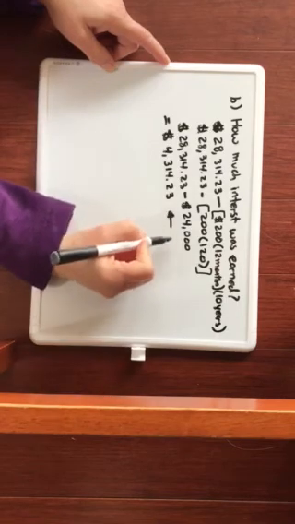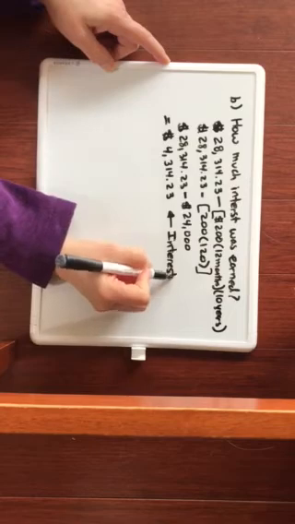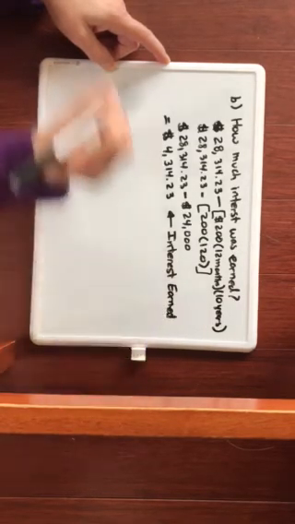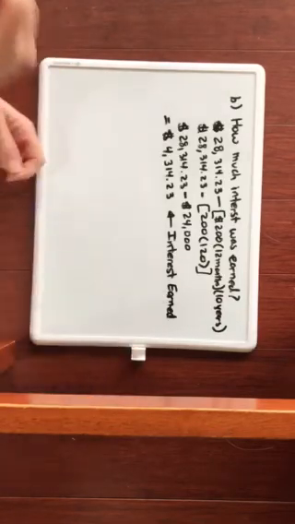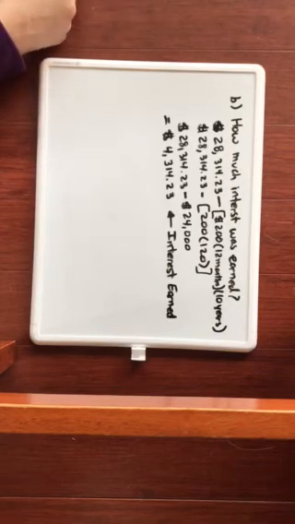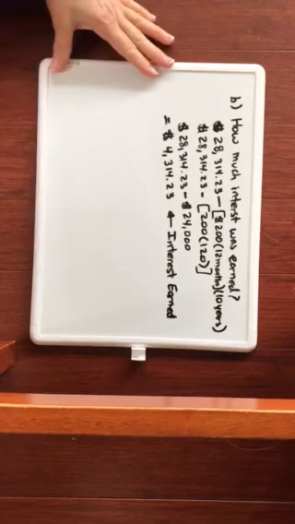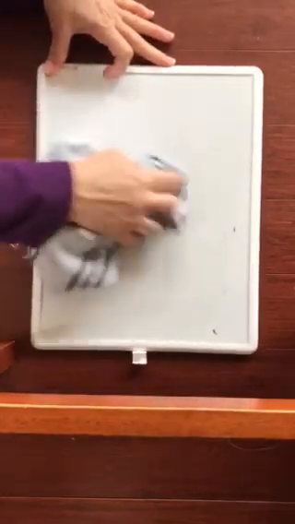This was the amount of interest that was earned. Interest earned. Looks like an O, it's actually an A. Okay, very good. Now I'm going to erase this because I have a lot to write for the next problem. And then we're almost done with this lecture. It went pretty quick.